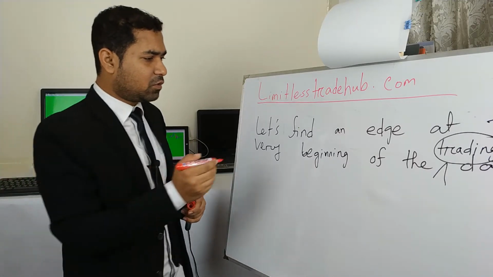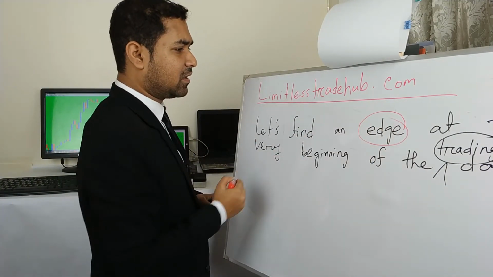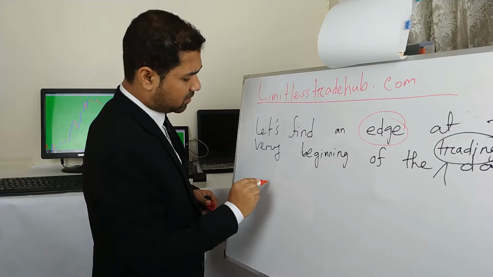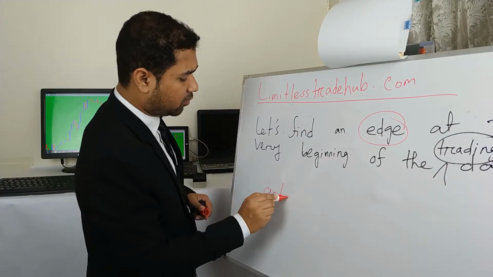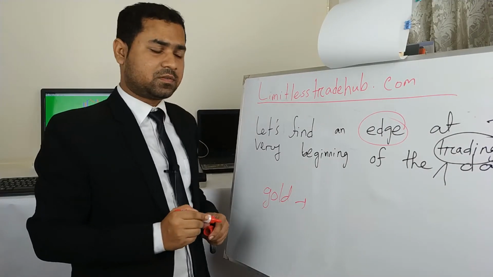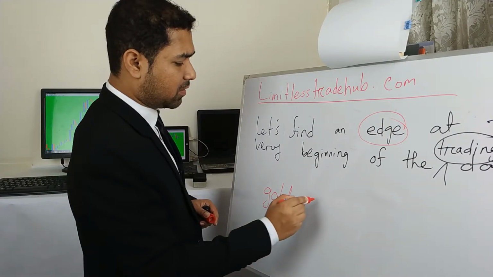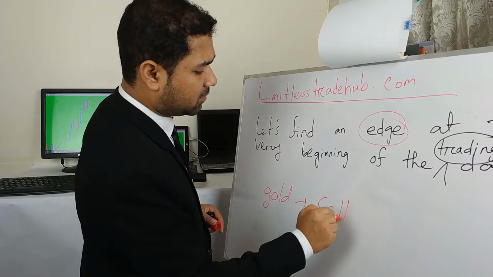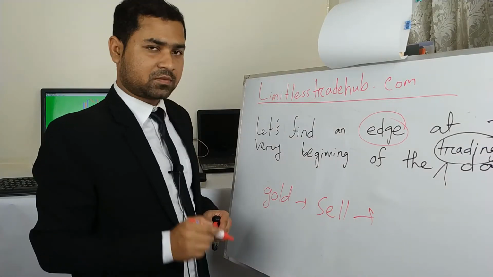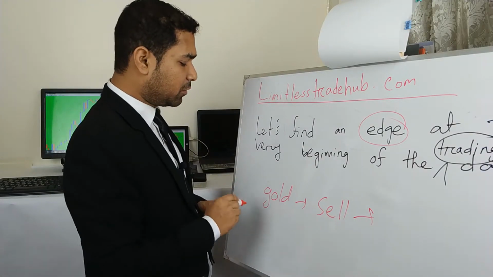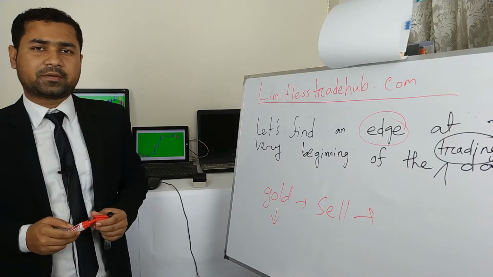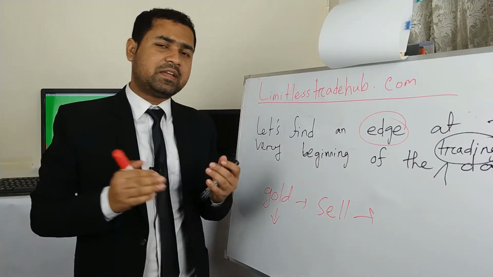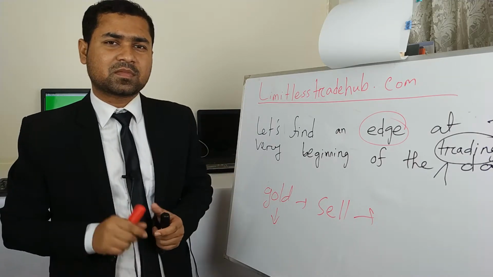Like if you find an edge in some particular market, say the gold market, and it is in sell mode, then you will try to sell gold for the rest of your day. So finding an edge is very important.